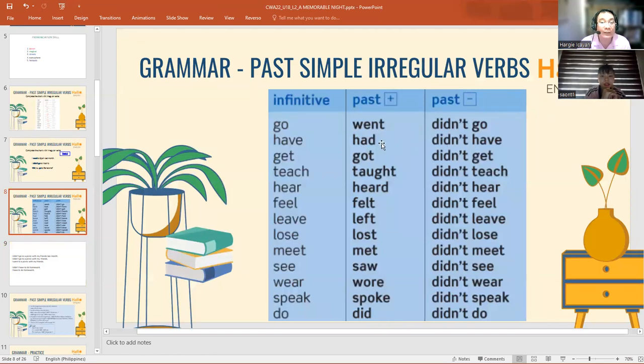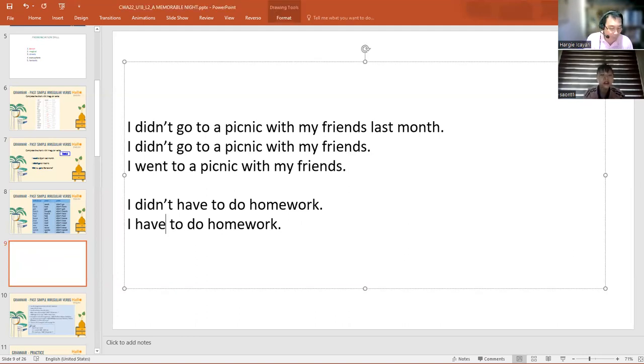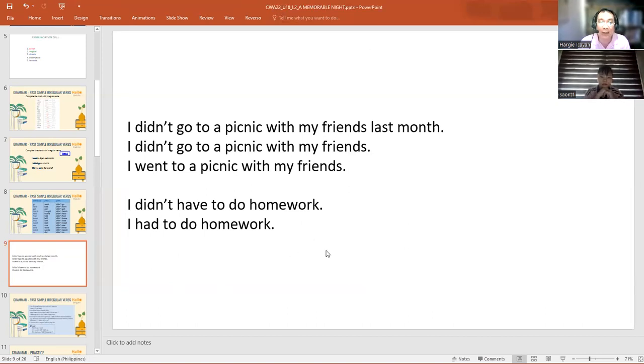Is it "have" or "had"? If you want to make the sentence happen in the past, it would be positive, I had to do homework. So that's already happened in the past. But if you're talking about the present, it's I have to do homework, right?